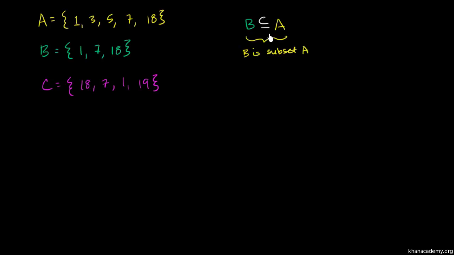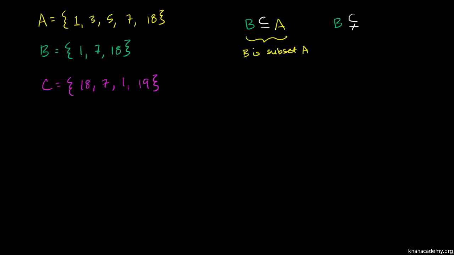Now, we can go even further. We can say that B is a strict subset of A, because B is a subset of A, but it does not equal A, which means that there are things in A that are not in B. We could say that B is a strict, or sometimes said a proper, subset of A. The way you do that is you can almost imagine that this is kind of a less than or equal sign, and then you cross out the equal part of the less than or equal sign.